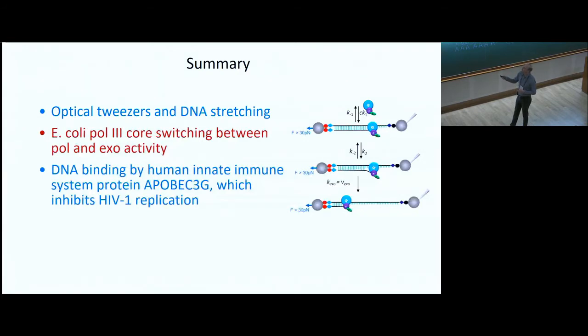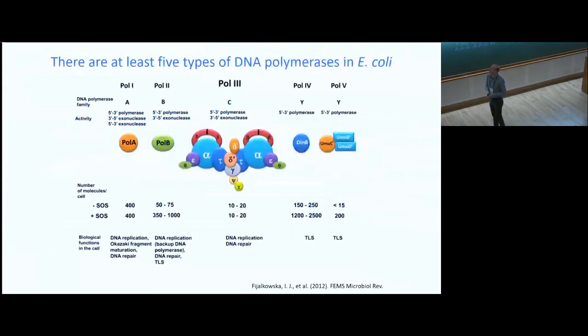We can use force to switch it between exonuclease and polymerization activity, and we'll talk about how we can control that activity. Then I'll talk about a DNA binding protein involved in HIV replication that actually acts as a roadblock to polymerization.